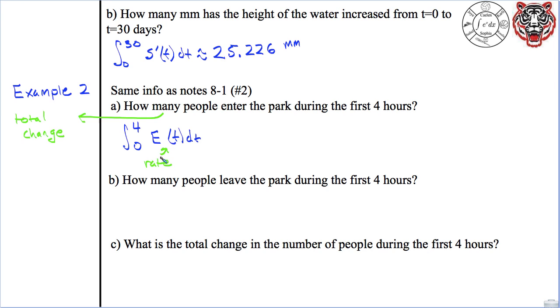Okay. And what type of rate? Is it an increasing or decreasing rate for E? Like, is it entering or leaving, essentially? So it's going to be increasing. So you can do it's the increasing rate, the plus rate, the positive rate. All right, calculators, what are we going to do?